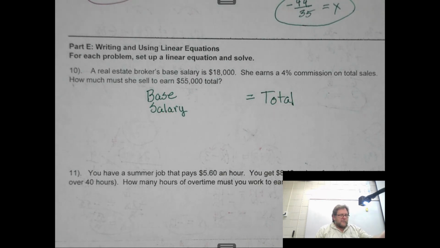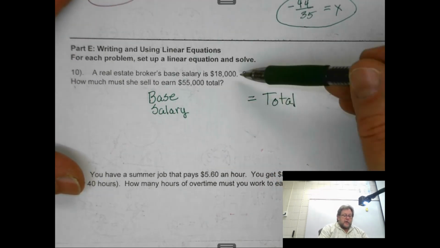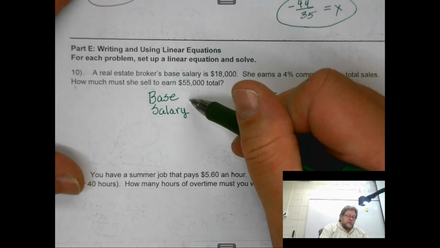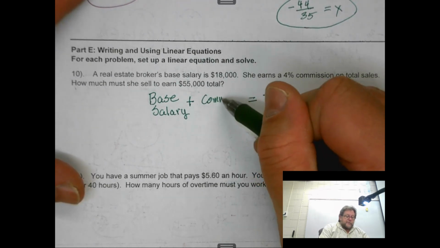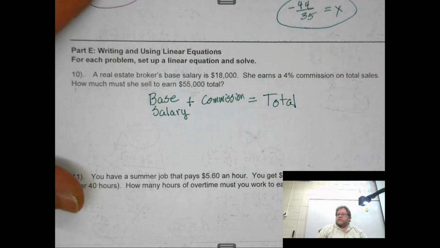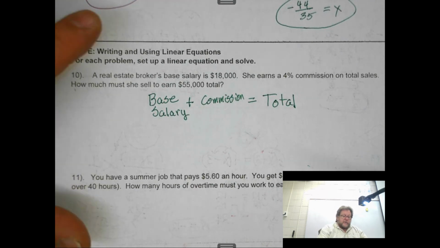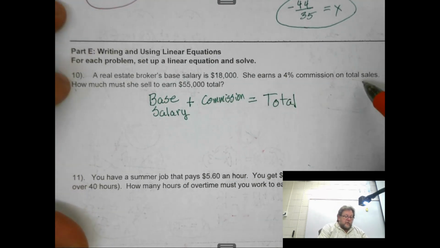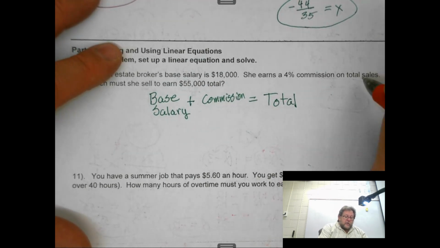So now we define a variable here because we don't know how much she has to earn. Our unknown here is the commission. That's going to equal our X. So my base salary is 18,000, plus the commission, 4%.